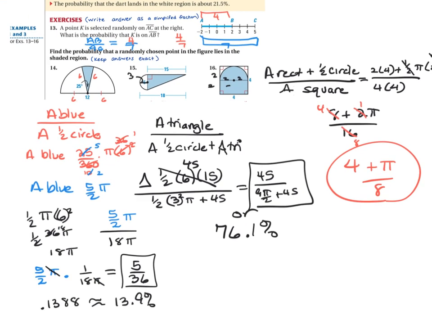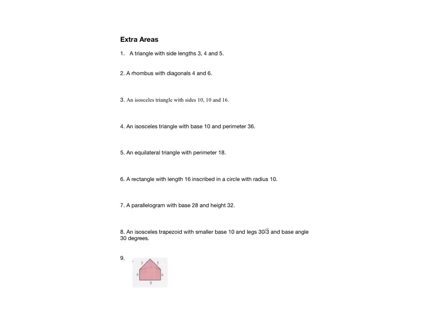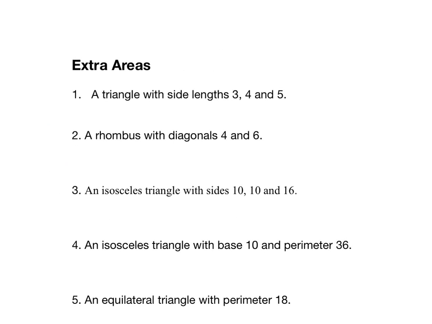And then the last part are the extra areas. So a triangle with side lengths 3, 4, and 5. This is actually a right triangle. This is a triple. Remember, the hypotenuse is always the biggest side. Remember, formula for area of a triangle is 1/2 base times height.